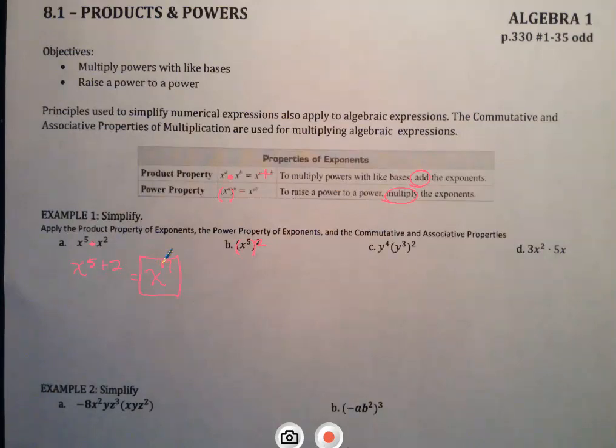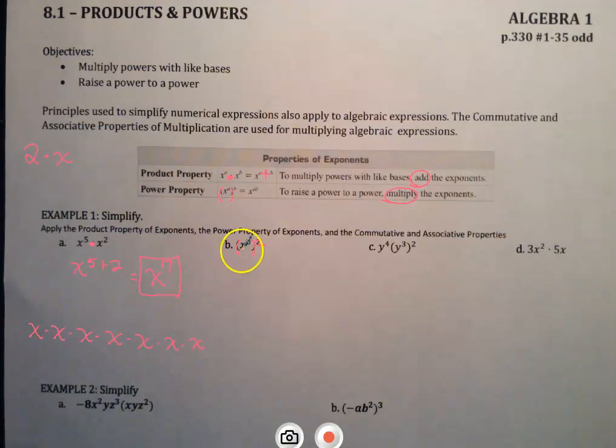Because x to the 5th means x times x times x times x times x, and then you're timesing it by x times x. Whereas 2x means 2 times x, or x plus x. Does that make sense? Okay, good question.